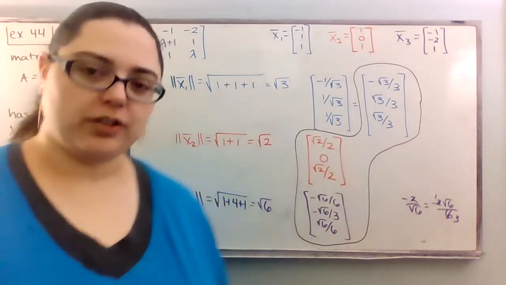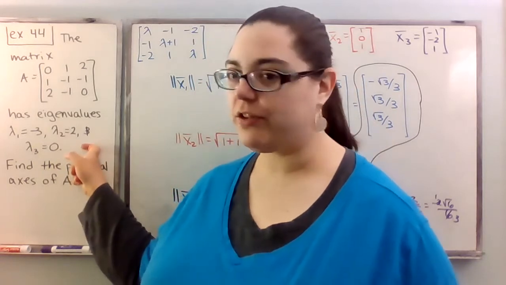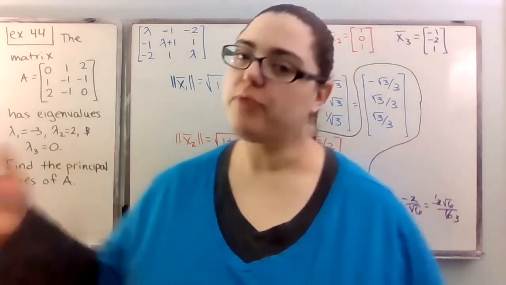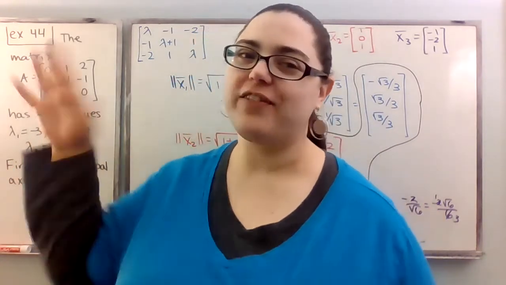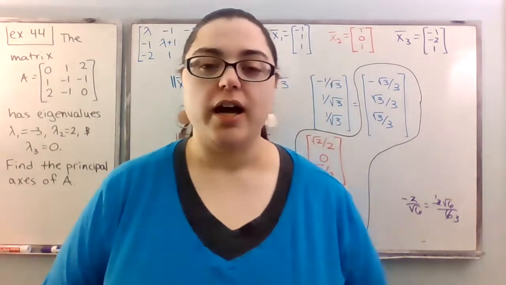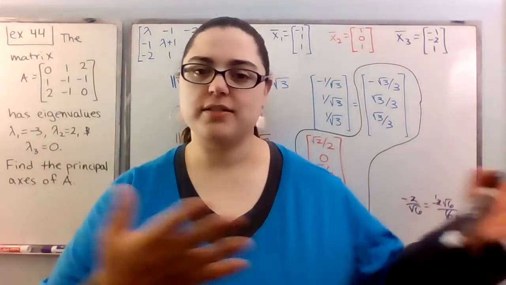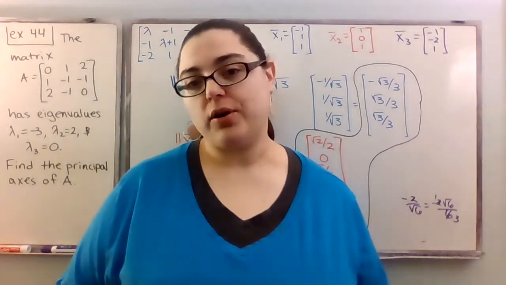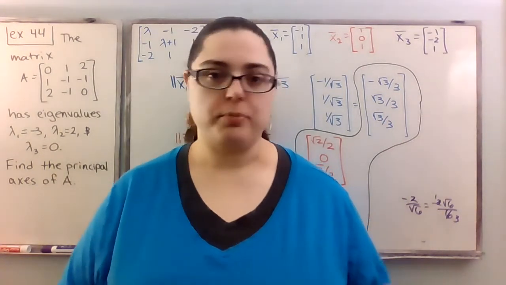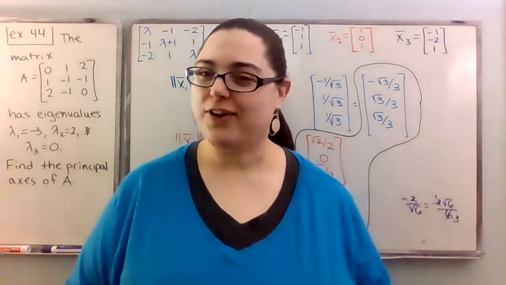Now, in this particular example, we had 3 distinct eigenvalues, which gave us 3 distinct eigenvectors. So we knew that this process was going to give us our matrix P as we wished. However, remember that sometimes you get a double or a triple or quadruple or n-tuple multiplicity for an eigenvalue.